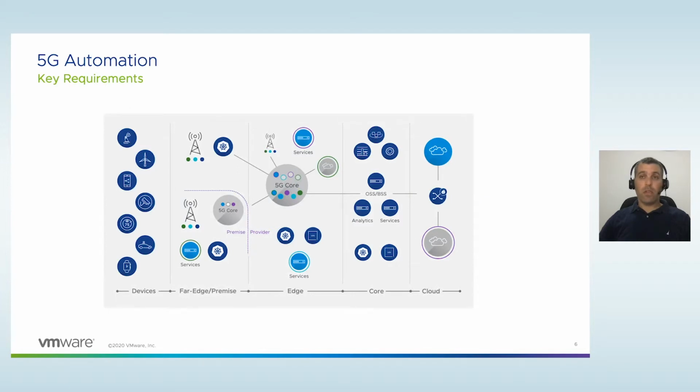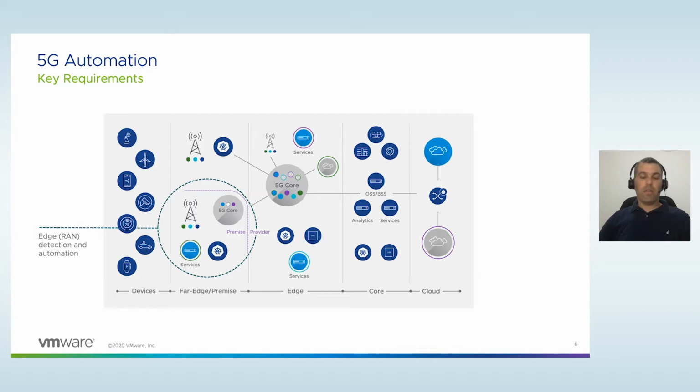With us, you can see on the slide a quick view of a traditional 4G network, and I will speak about the key requirements in order to take this network to the 5G world. Obviously, when we are talking about 5G, we are mainly talking about how we take the application closer to the customer, closest to the edge, by deploying a lot of new RAN sites.